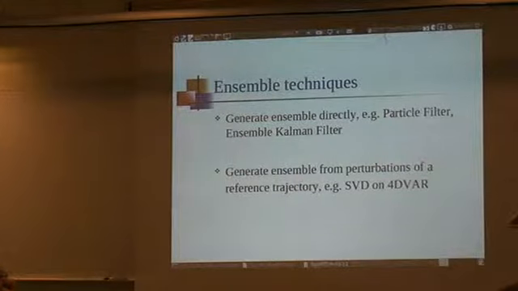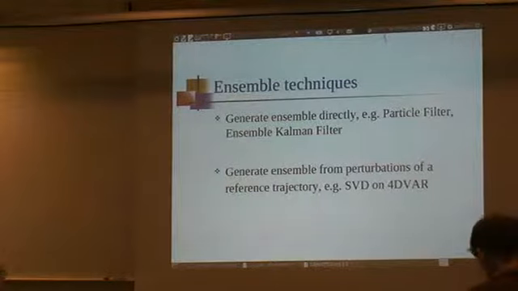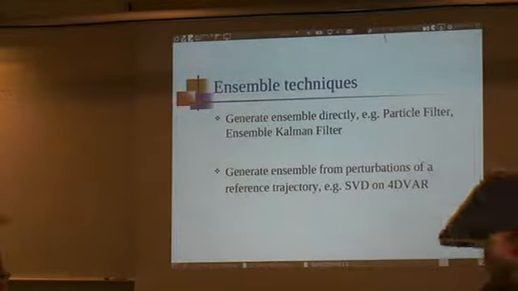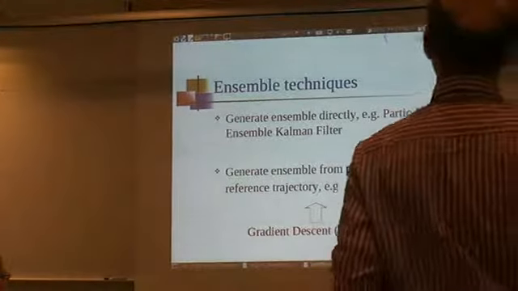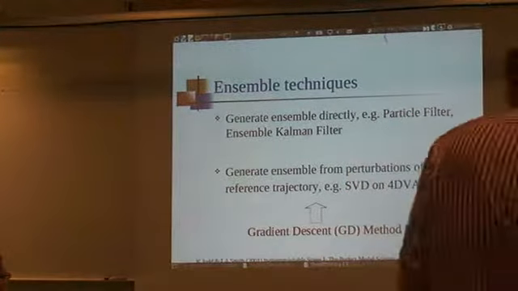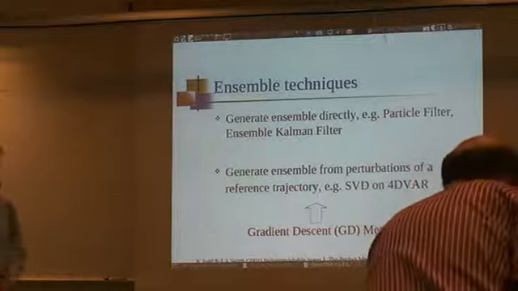One is to generate the ensembles directly, like the sequential methods, and the other is to generate an ensemble of perturbations around an analysis from a control trajectory, for example using 4D-Var, then doing some SVD on it. Our method falls into the second category.